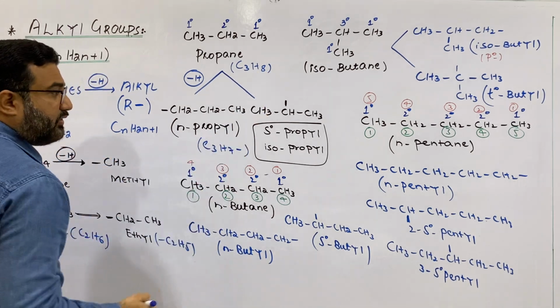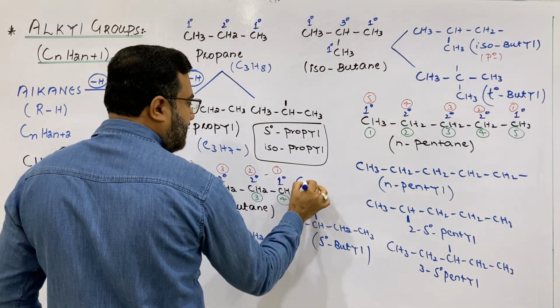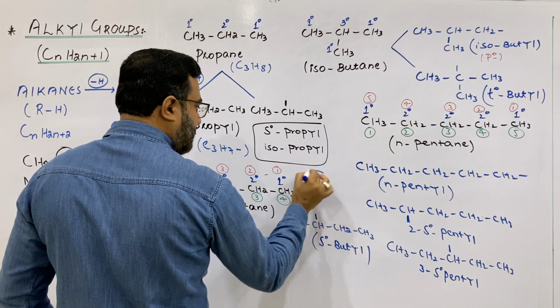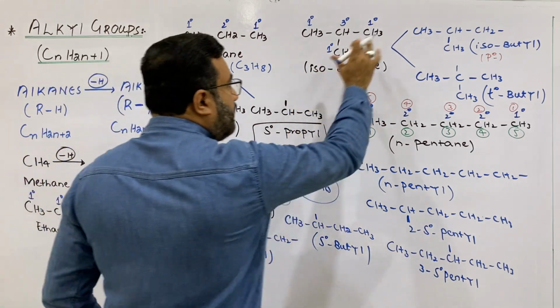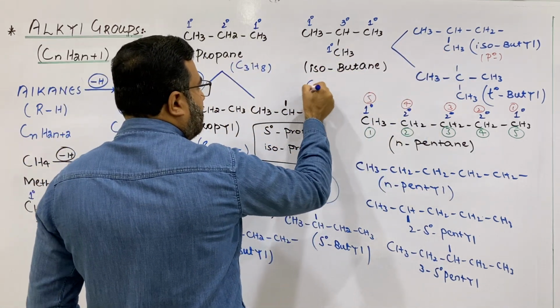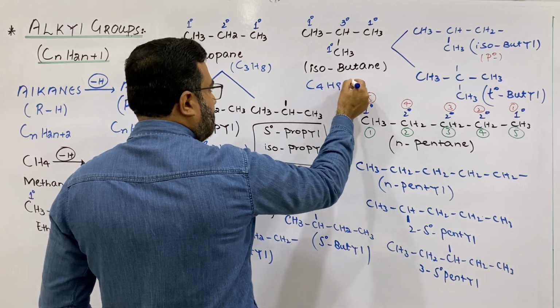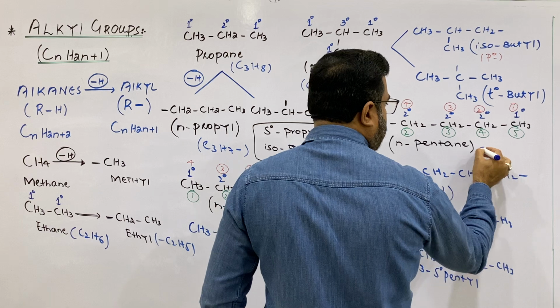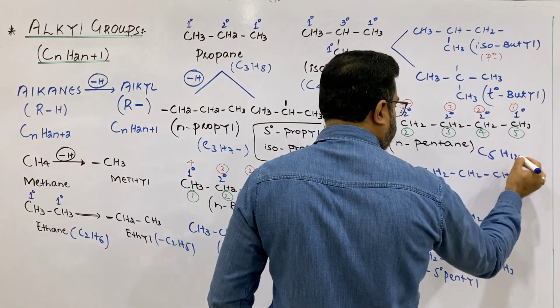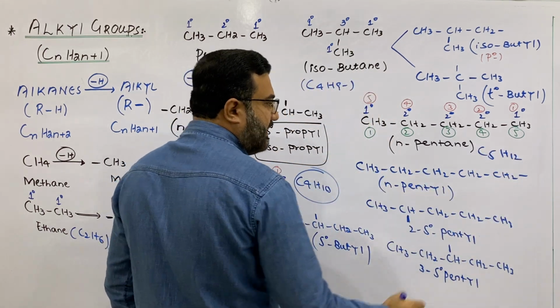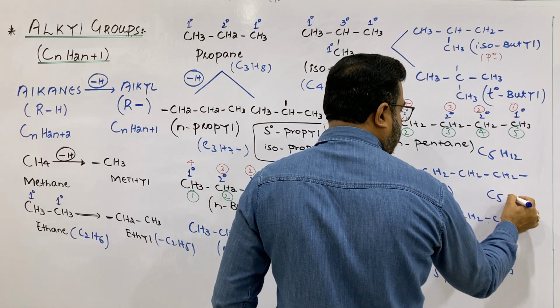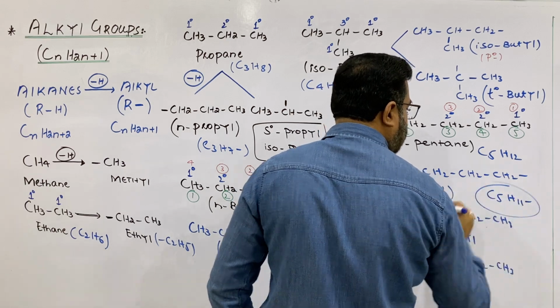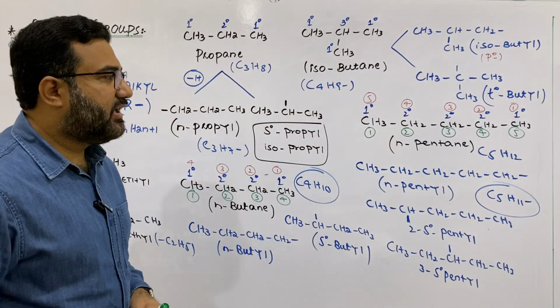Butane, either n-butane or isobutane, has formula C4H10, and all four butyls have formula C4H9. Similarly, any pentane is C5H12 and all the pentyls have formula C5H11, meaning one hydrogen less than their parent alkane.